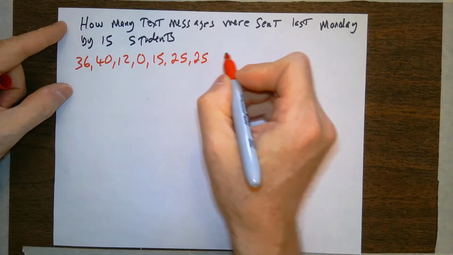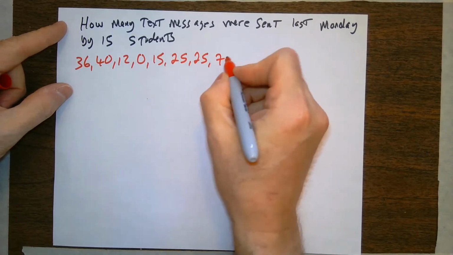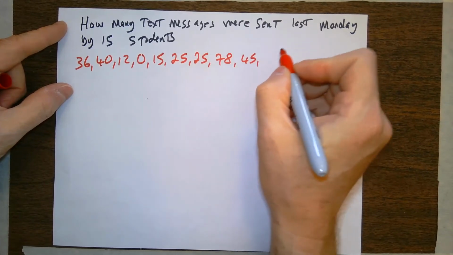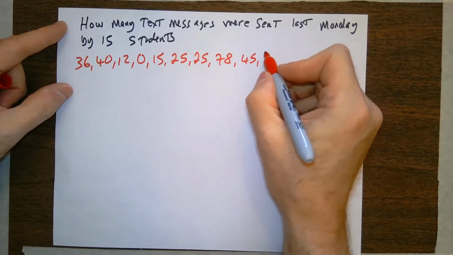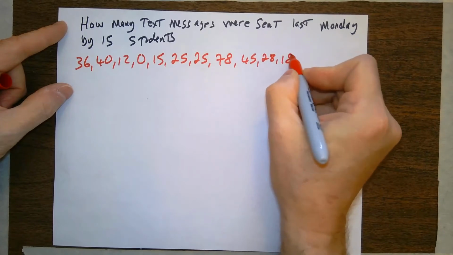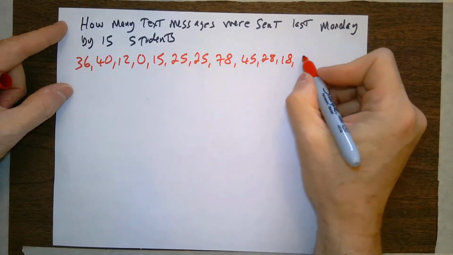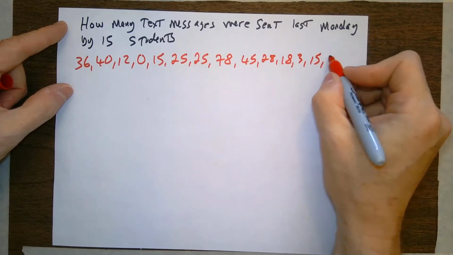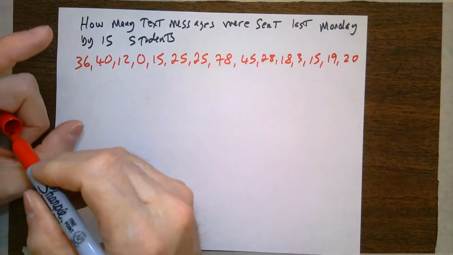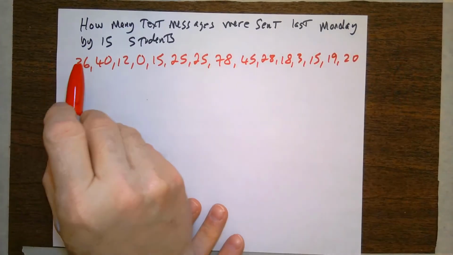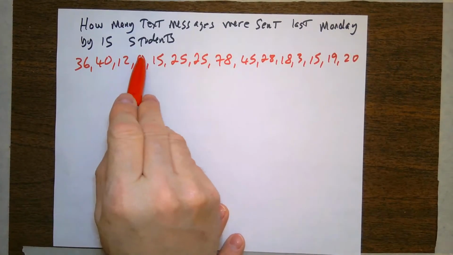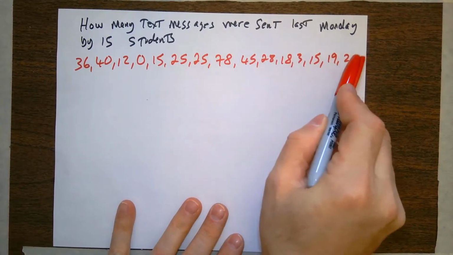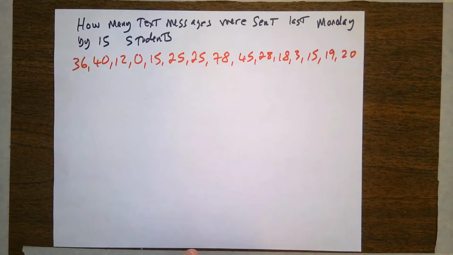Another one said 25. 78. 45. 28. 18. 3. 15. 19, and 20. Now that should be 15 students. Let me just count. 1, 2, 3, 4, 5, 6, 7, 8, 9, 10, 11, 12, 13, 14, 15. Perfect. I got all 15 students there.